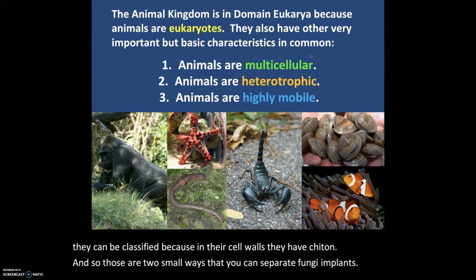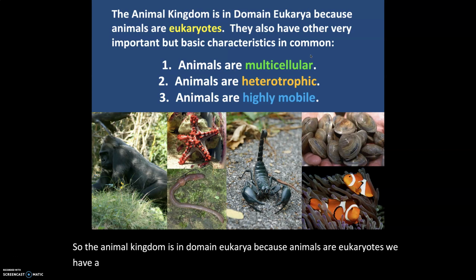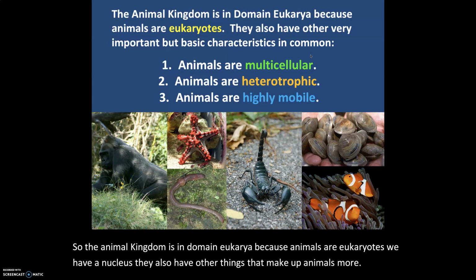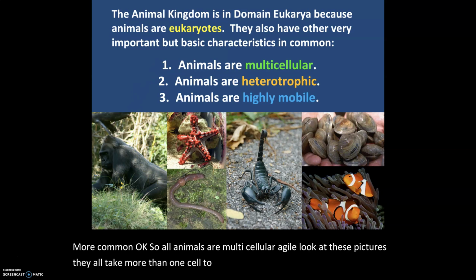So the animal kingdom is in domain eukarya because animals are eukaryotes. We have a nucleus. They also have other things that make animals more common. Okay, so all animals are multicellular. As you'll look at these pictures, they all take more than one cell to form. All animals are heterotrophic.